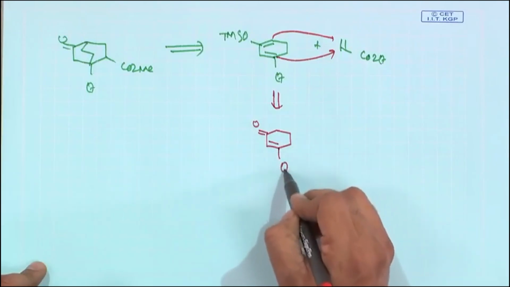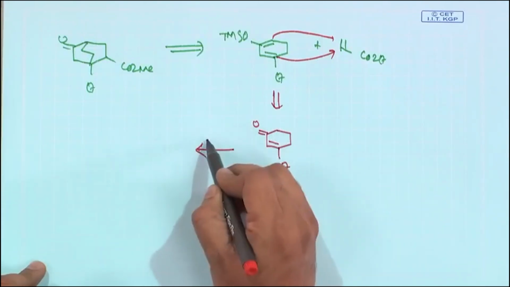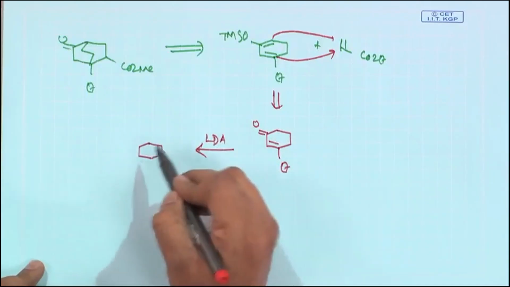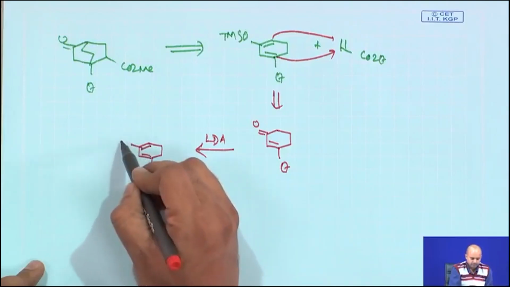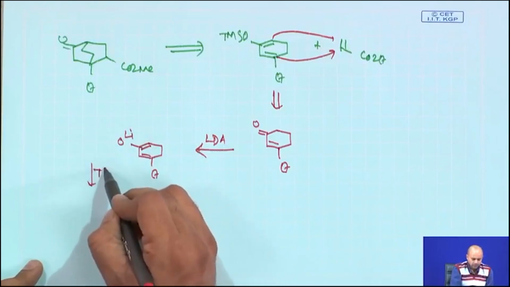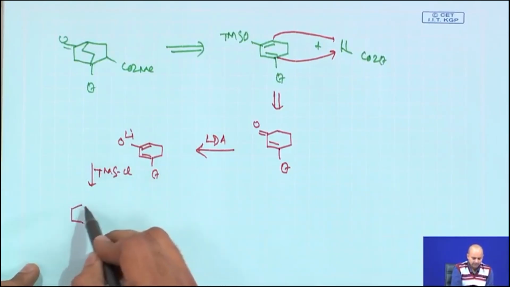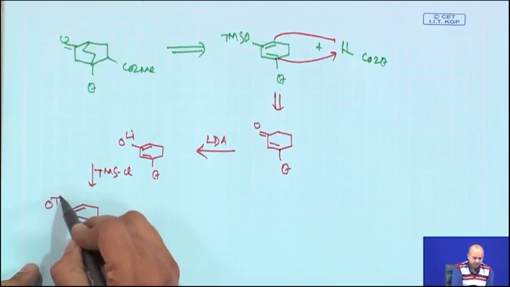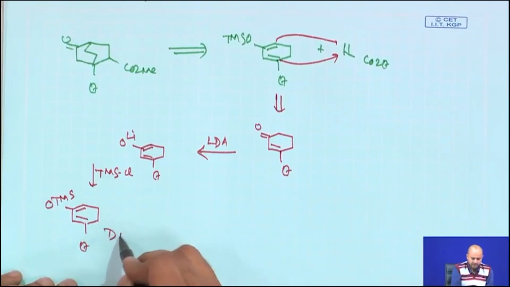And now this compound can easily be constructed if you have this ethyl. What you do is first pick up this acidic hydrogen with a base, LDA, and you initially get the enolate, OLi. Now you react this with TMS chloride, trimethylsilyl chloride, and you get the enol silyl ether, OTMS, and this acts as a diene.